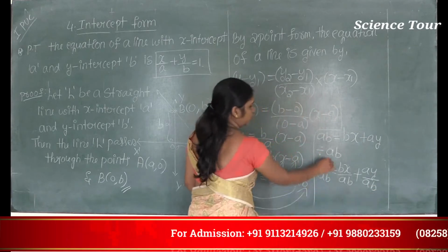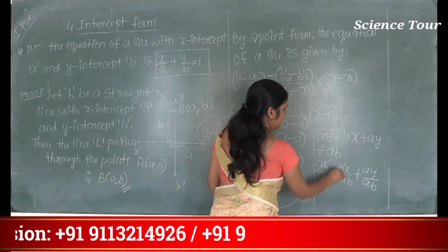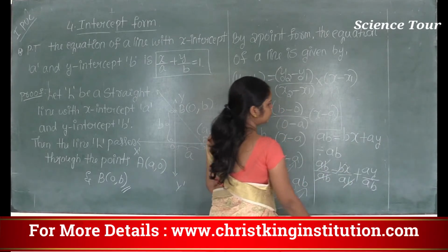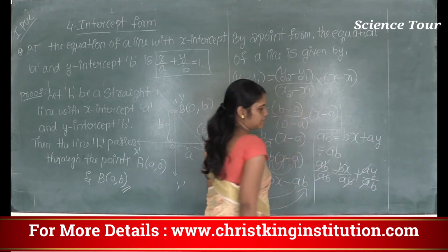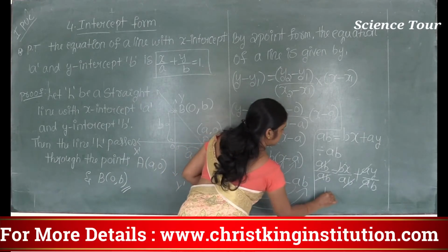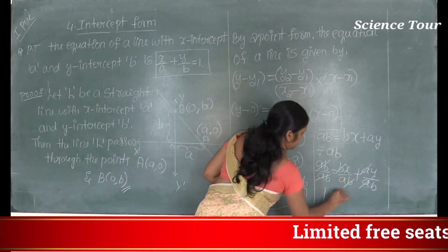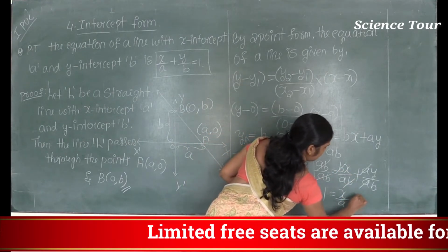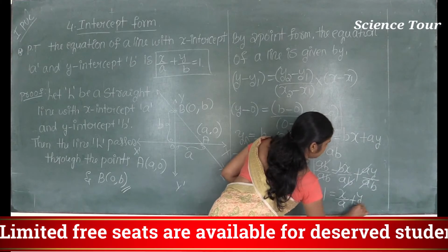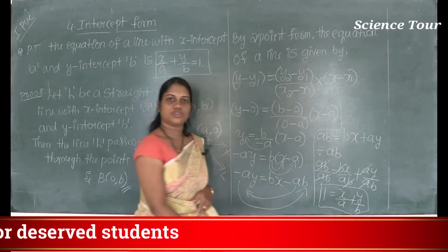Now ab and ab cancelled, b and b cancelled, a and a cancelled. Now write the remaining terms. ab and ab cancelled, so you will get 1. Next x by a plus y by b, right? So this is actually what we have to prove, right?